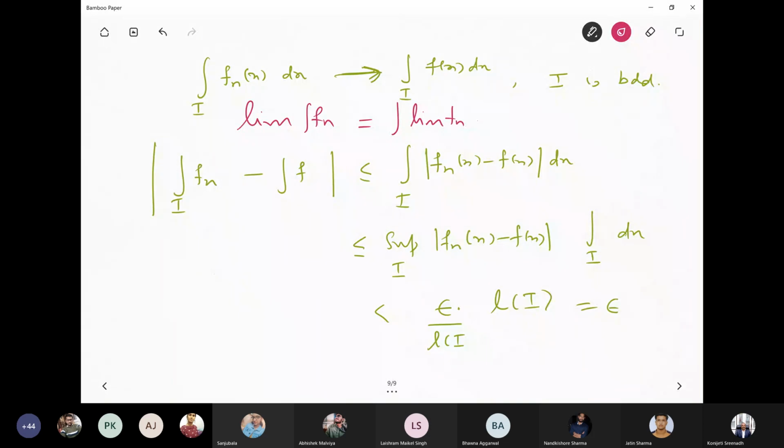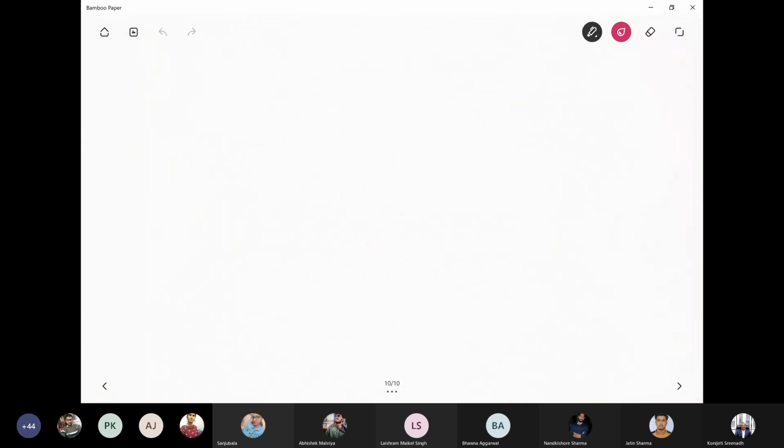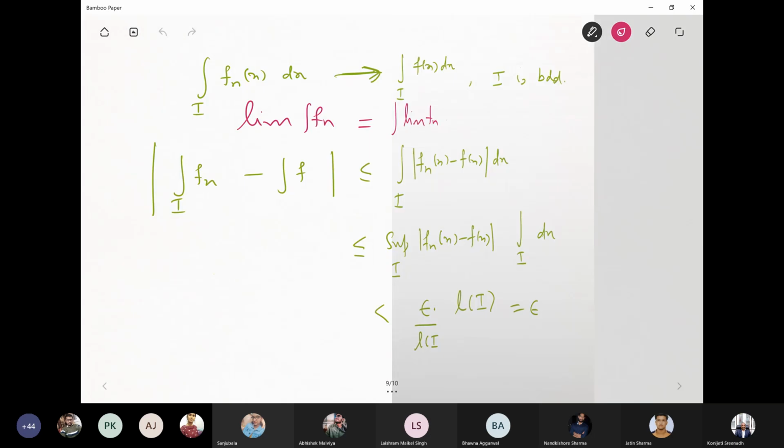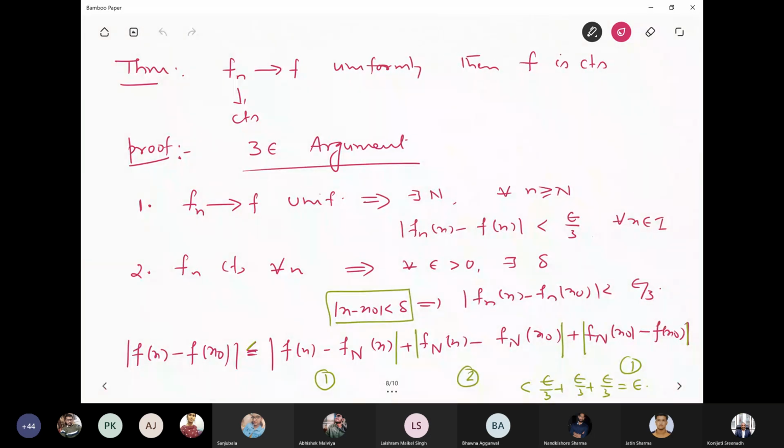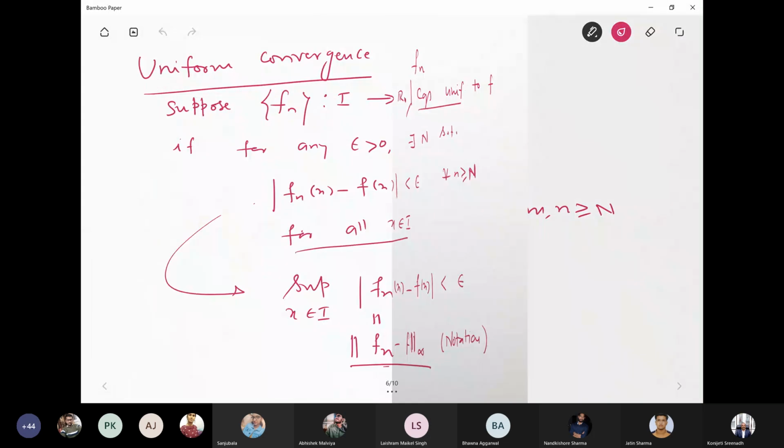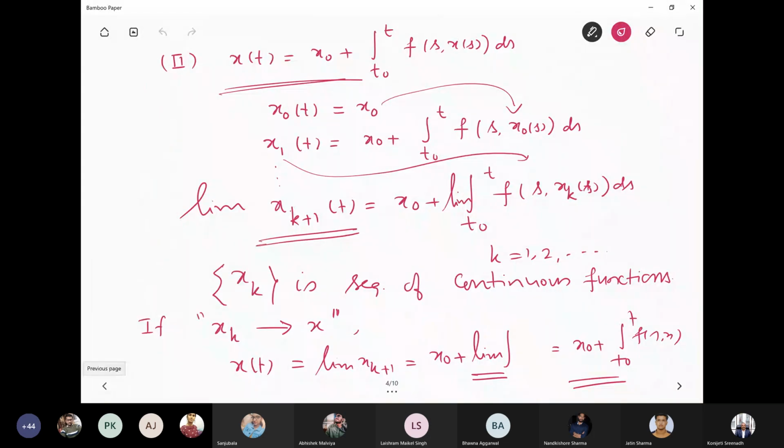So we have the setup now. Whatever question we asked, we have it now. That is one thing, that we can try to take the limit inside. For that, what we need to show is that the iterations that we defined by simple observation, which are known as Picard iterations, converge uniformly.